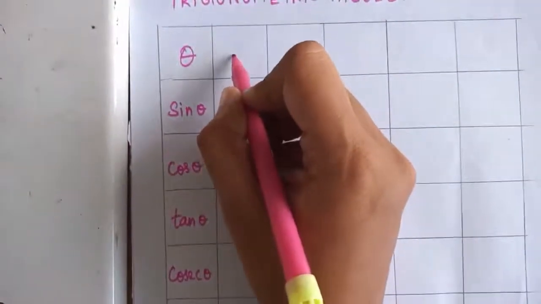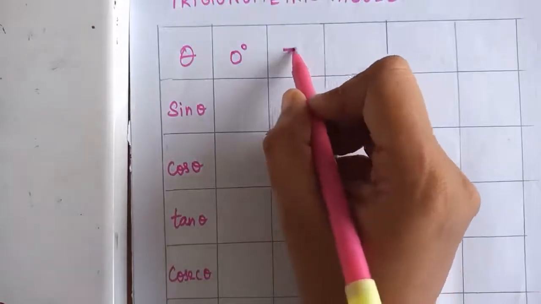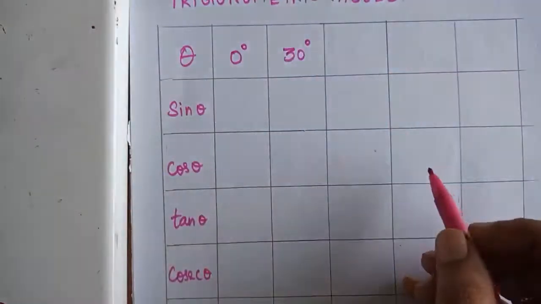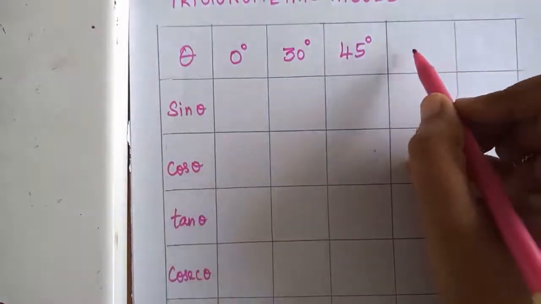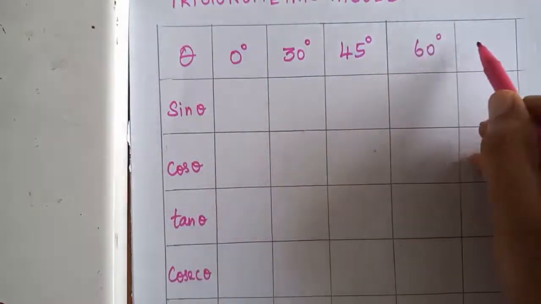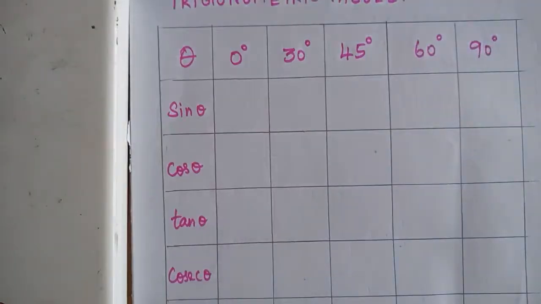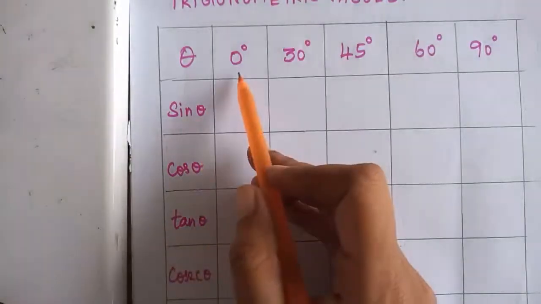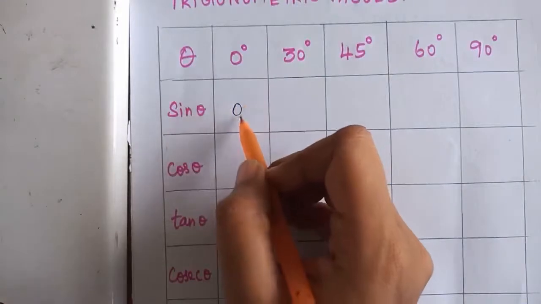So theta is at 0 degree, 30 degree, 45 degree, 60 degree, and 90 degree. The value for sin 0 degree is 0.